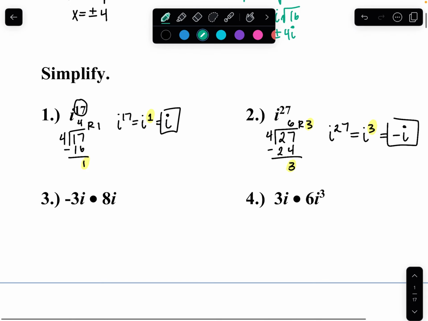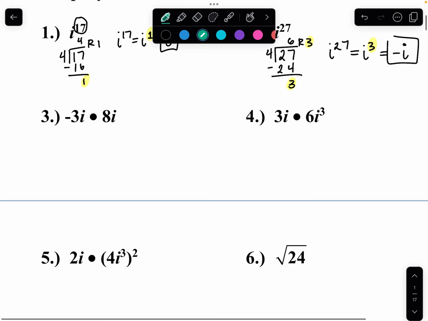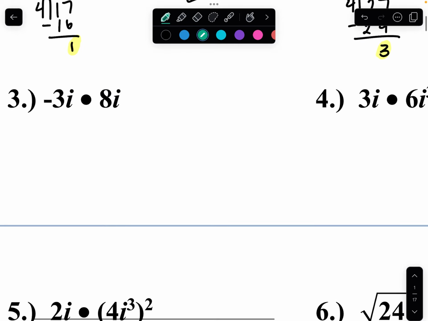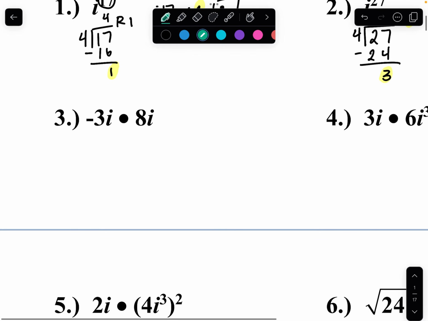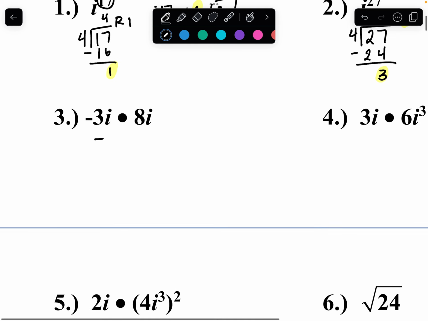Okay, for the rest of these practices, we're just going to practice simplifying powers of i and also simplifying square roots. For this first example, you treat i very much like a variable, like x. If I had -3x times 8x, I would get -24x squared. The same thing with i. I get -24i squared.